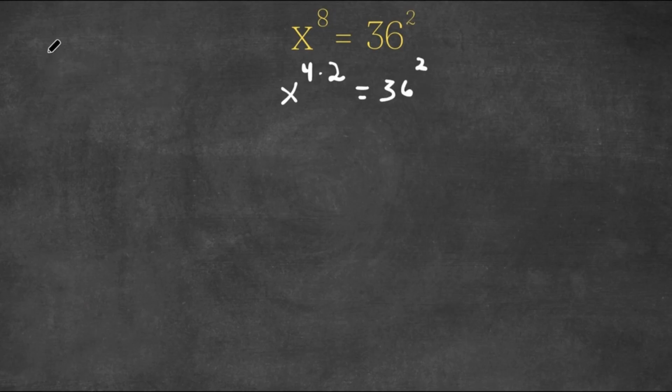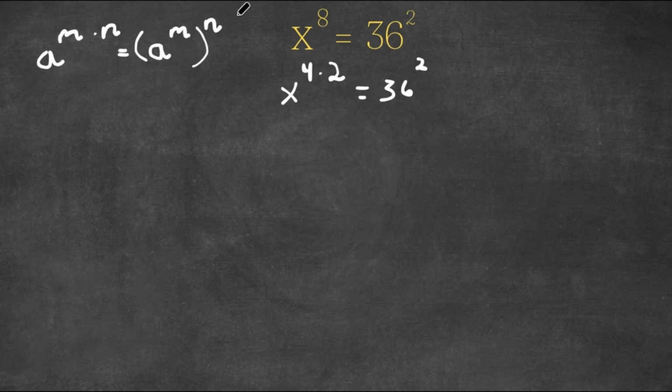Now, if we have something in the form a to the power of m times n, this is equal to a to the power of m to the power of n, or vice versa. This could equal a to the power of n to the power of m.